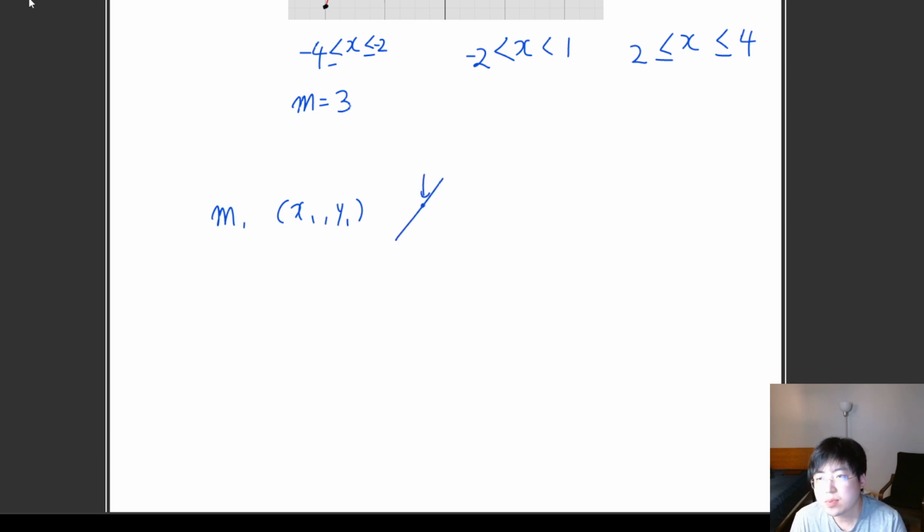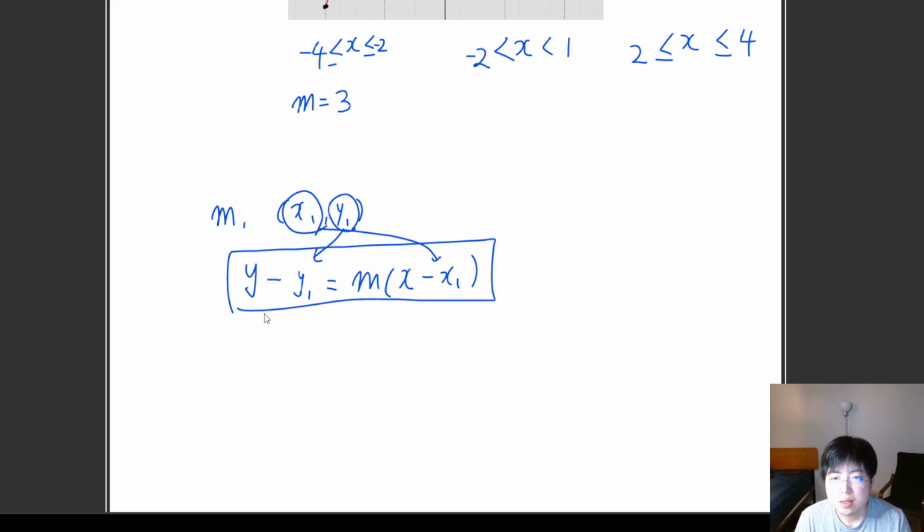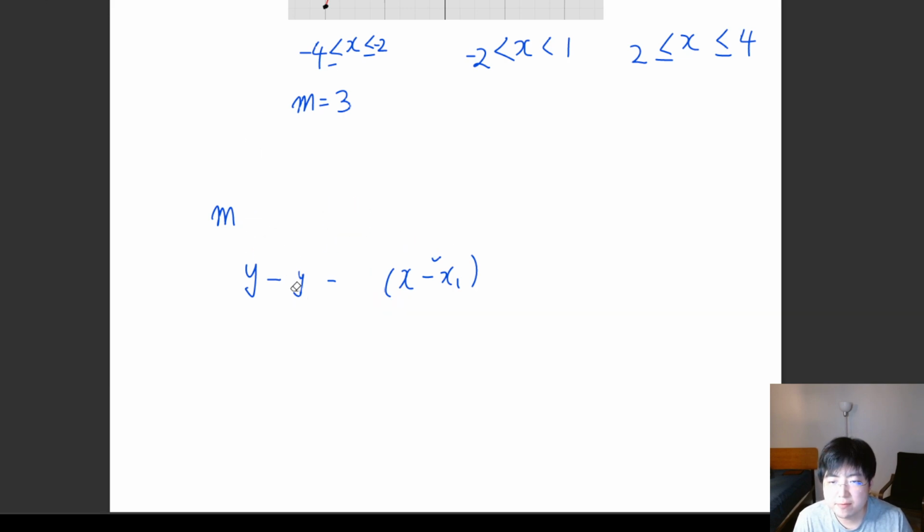Then we can write the equation of the line as y minus the y coordinate of that point, y1, equals slope times x minus the x coordinate of the point I know, x1. Then this describes the line as a linear equation. Now we are going to use this to find the equation of the first portion.